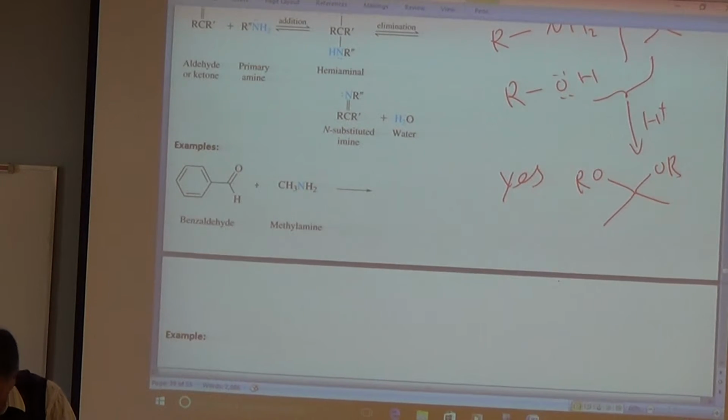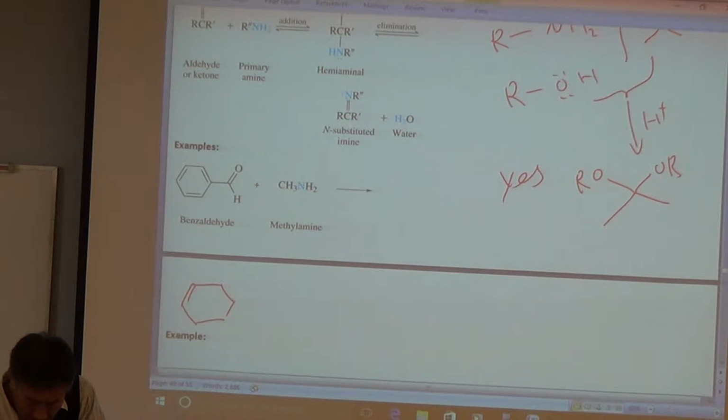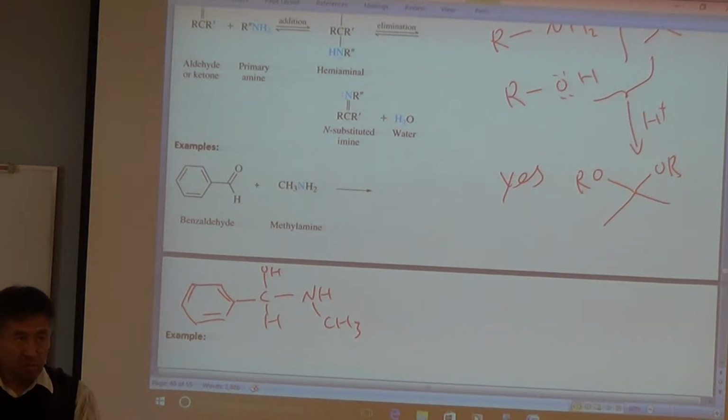For this first example, I erased some of those there, so that's it. Probably I have enough space here. So this C, and we still have this H here, and it will produce this hemiaminol intermediate.